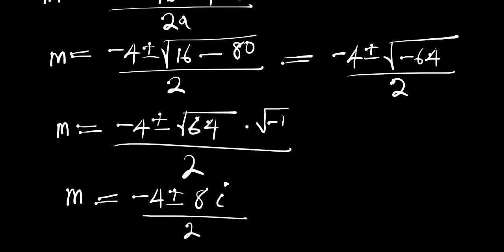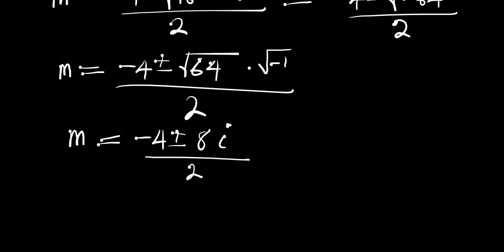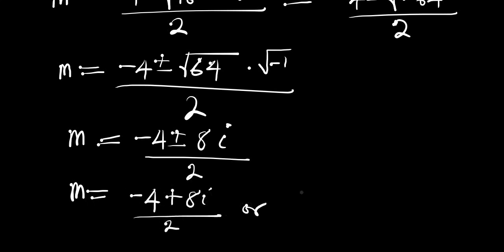So we proceed, we are going to have m equals negative 4 plus 8 times i divided by 2, or let's take the negative aspect, negative 4 minus 8 times i divided by 2.